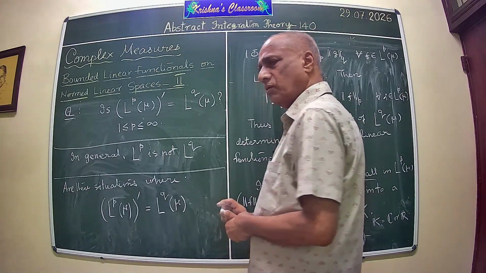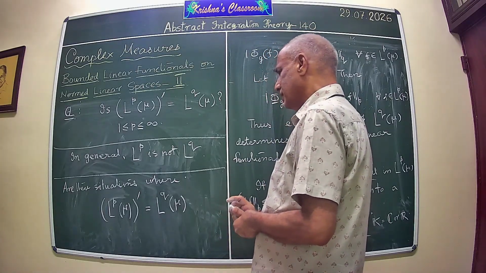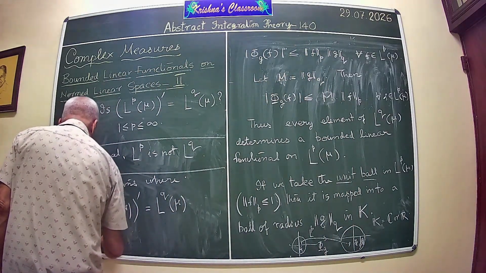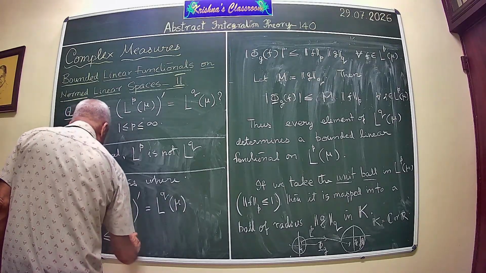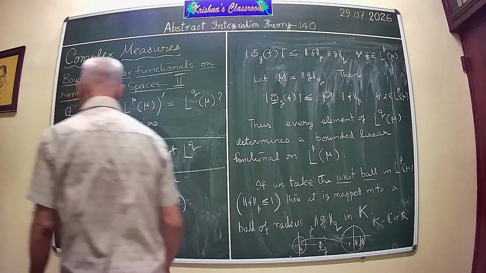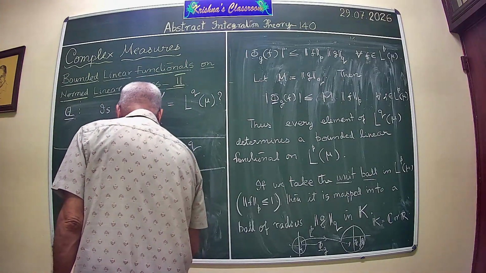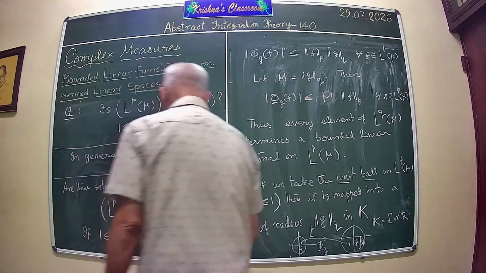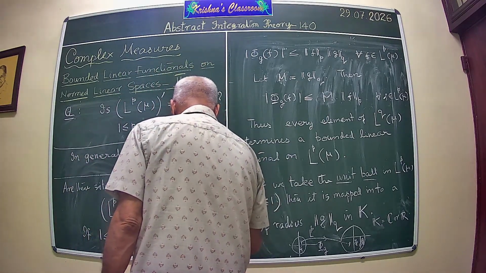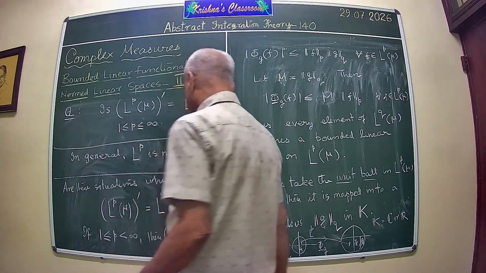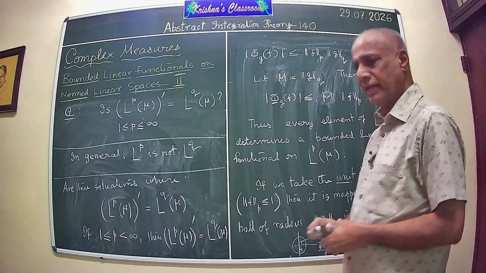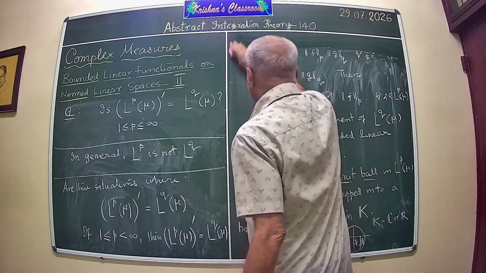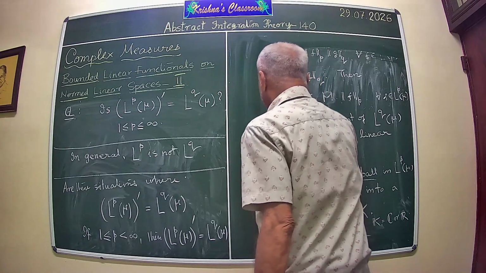Now it turns out, very interestingly, that if 1 is less than or equal to P less than infinity, then this identification we can make.